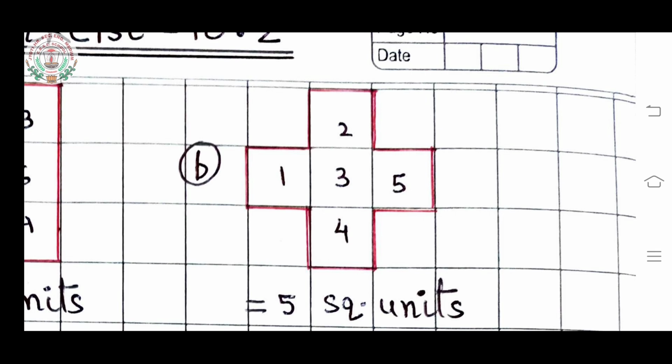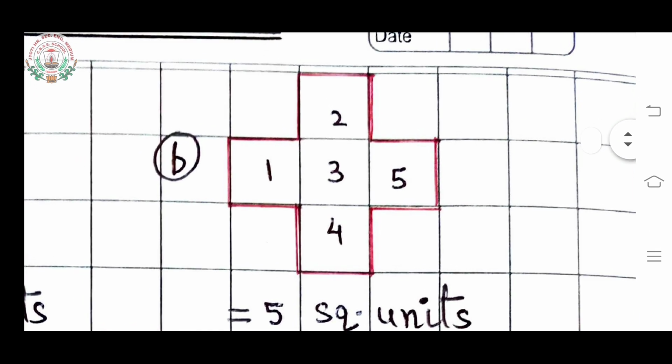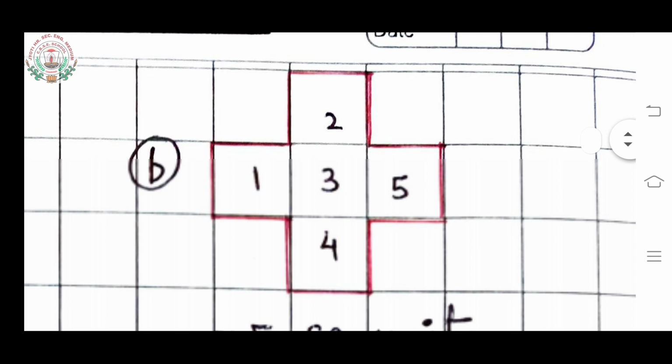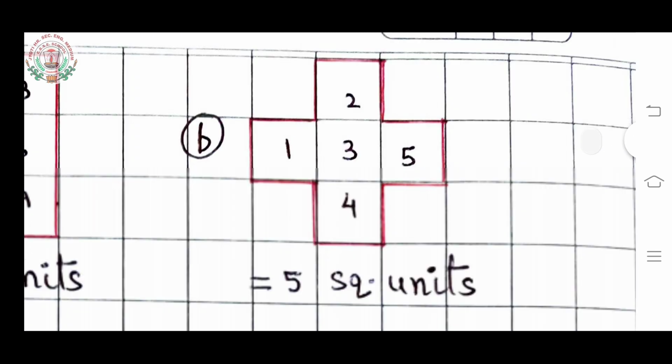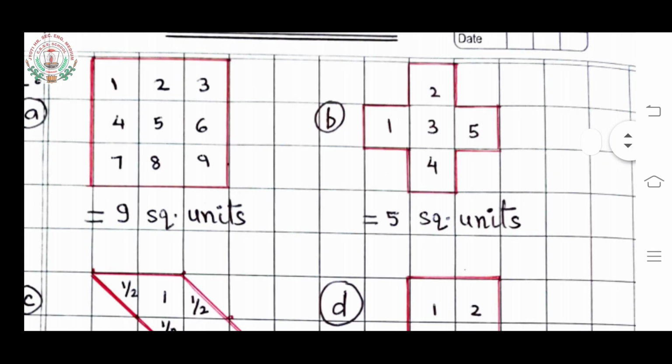I have already written, and you can see here it is 1, 2, 3, 4 and then 5. So total 5, and no box is left out in this figure. So 5 squares are there. So the area is 5 square units. Understood? It is very simple, these two.